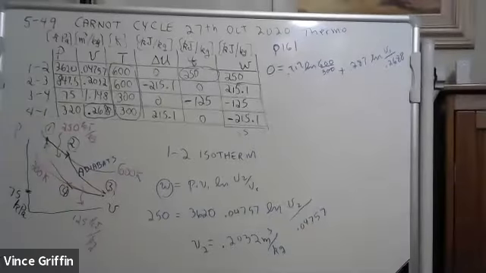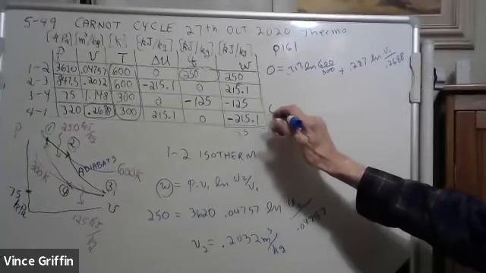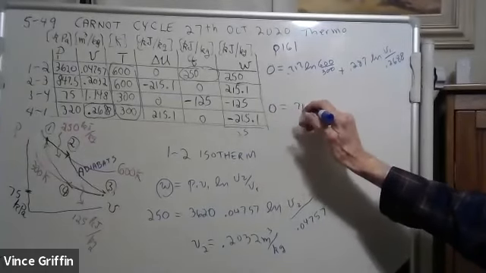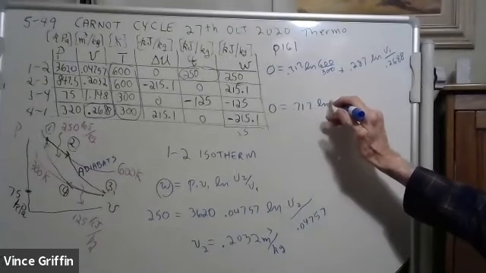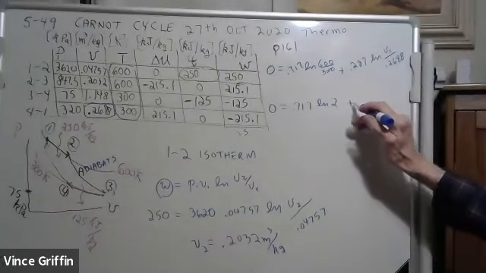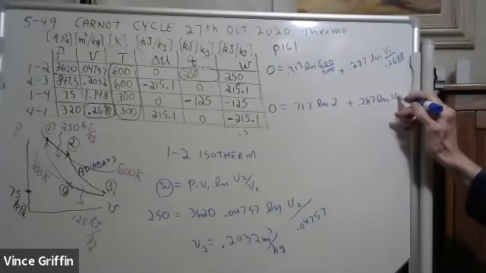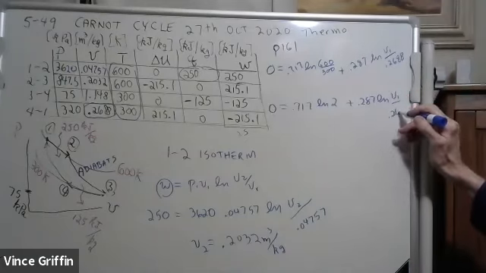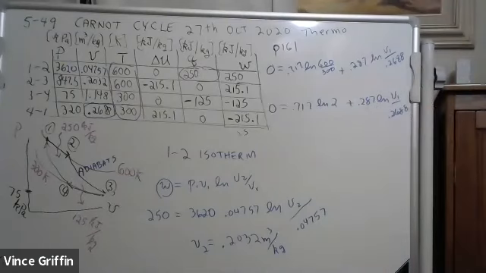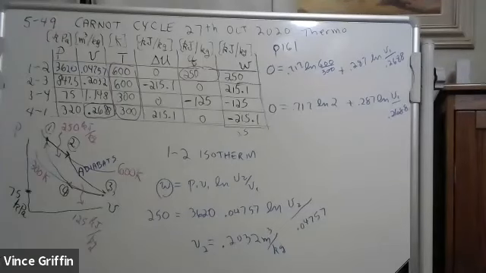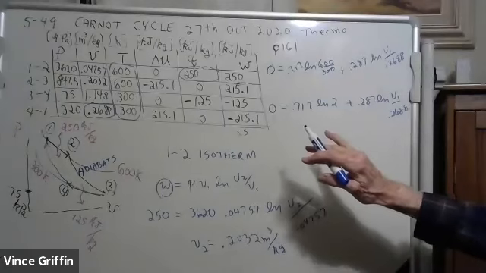Thank you for asking. Well, we have 0 equals 0.717 natural log of 2 plus 0.287 natural log of V1 over 0.2688. Where did the 0.2688 come from? I got confused. It's the V4. Oh yeah, we're going from 4 to 1. Okay.